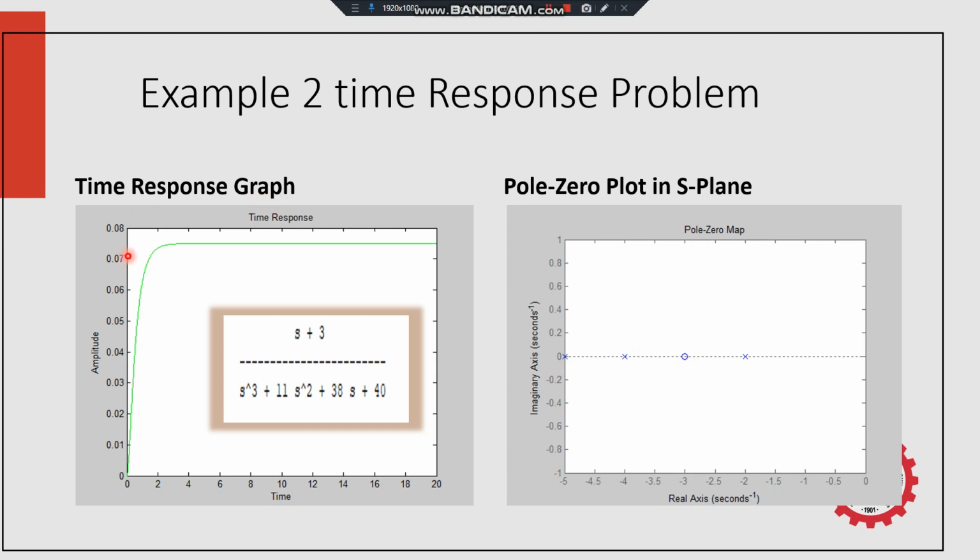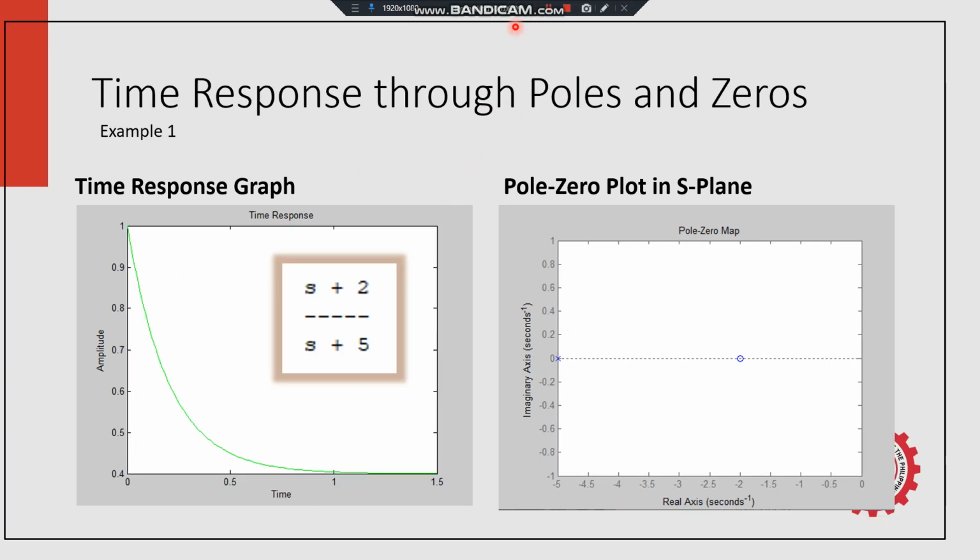Okay, so I forgot to mention earlier in our example 1, if you may allow me to scroll back. Okay, so we're here again in the time response graph of our example 1. You notice that the graph started from 1. That is the peak value for this example, and it settled at around 0.4.